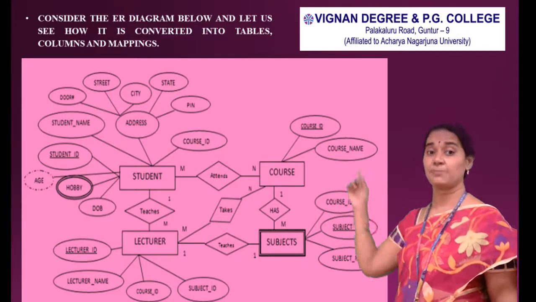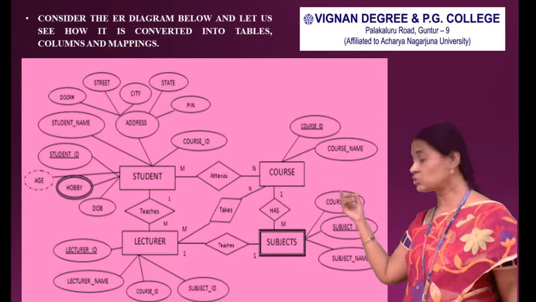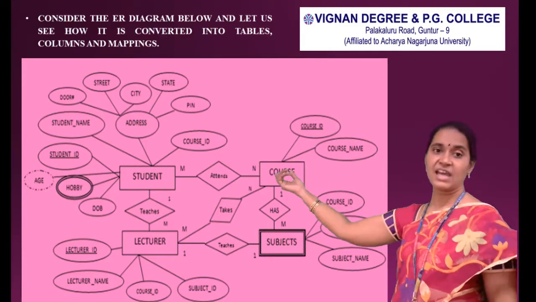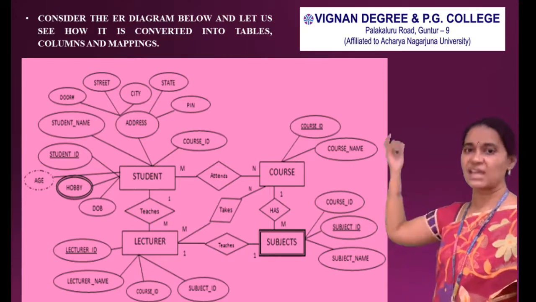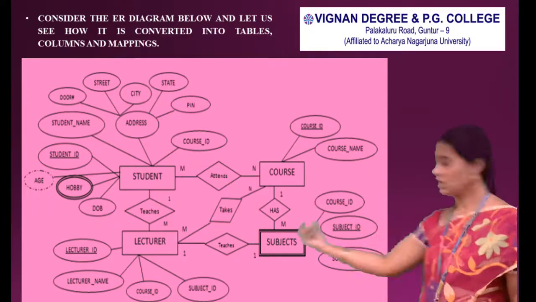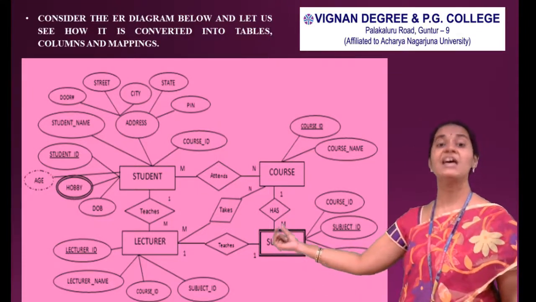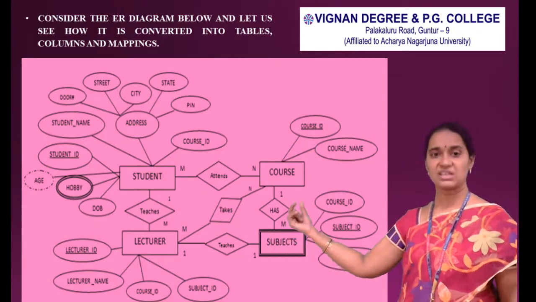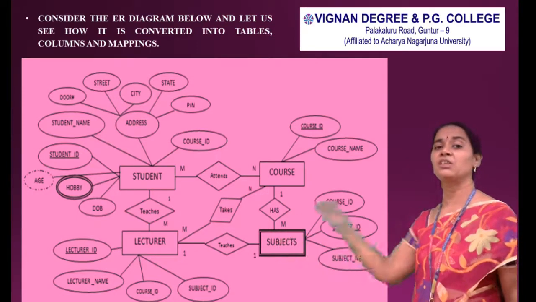In the student entity, what is the key attribute? Student ID is the key attribute. In the course table, course ID is the key attribute. In the subject table, subject ID is the key attribute. In the lecturer table, lecturer ID is the key attribute. These are called the key attributes. This is about the various types of attributes, followed by the various relationships between the different entities.